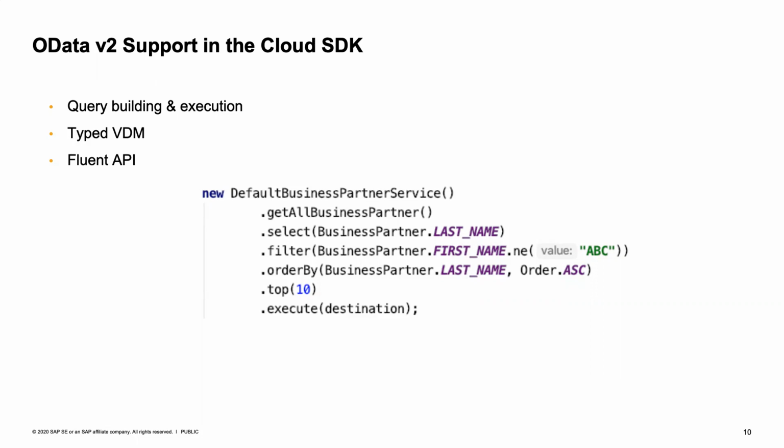It is really aware of what the service is capable of, and you can discover what the service is capable of through this fluent API. If you have your favorite developer environment IDE at hand, you can see in the drop down what is available.